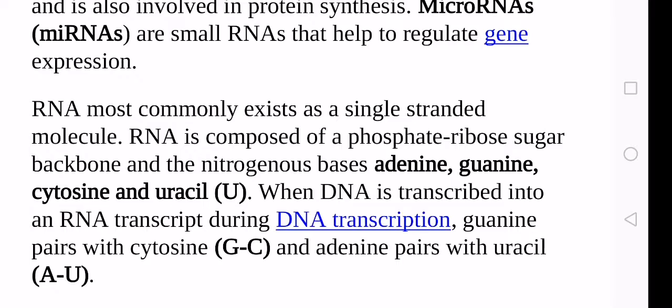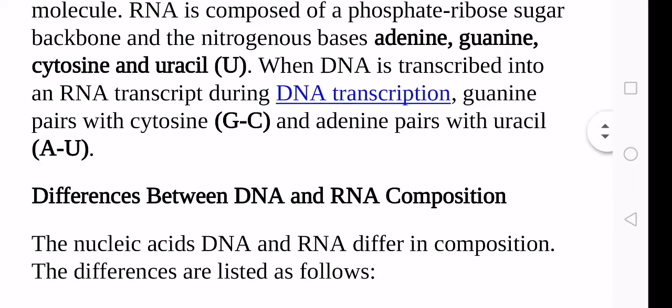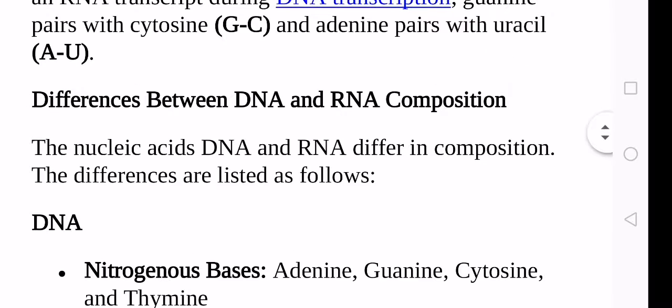RNA is composed of a phosphate-ribose sugar backbone and the nitrogenous bases adenine, guanine, cytosine, and uracil. When DNA is transcribed into an RNA transcript, guanine pairs with cytosine (G-C) and adenine pairs with uracil (A-U).